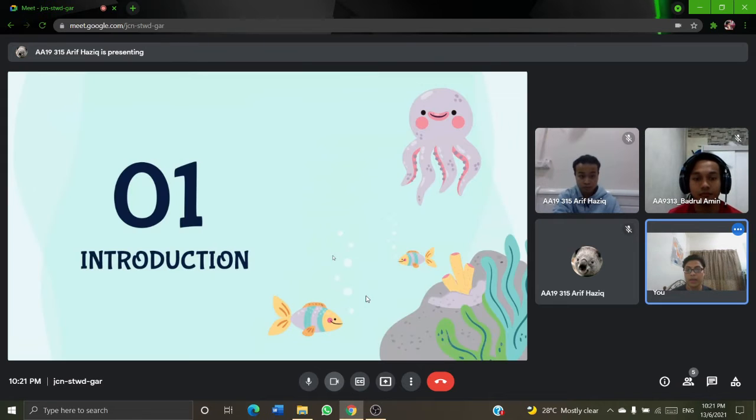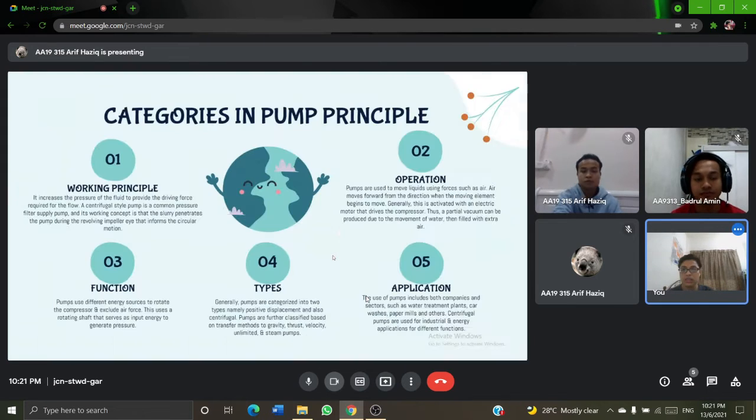Okay, next. For the introduction, there are 5 categories in pump principle. Firstly is the working principles. It increases the pressure of the fluid to provide the driving force required for the flow. Next is the operation. Pumps are used to move liquids using forces such as air.